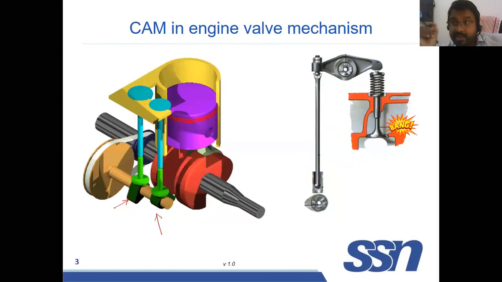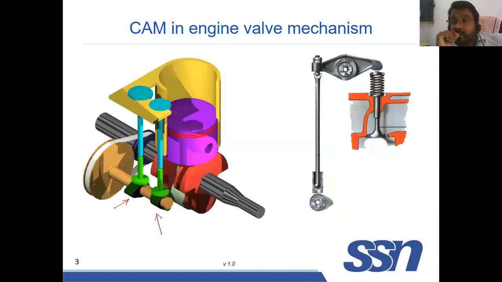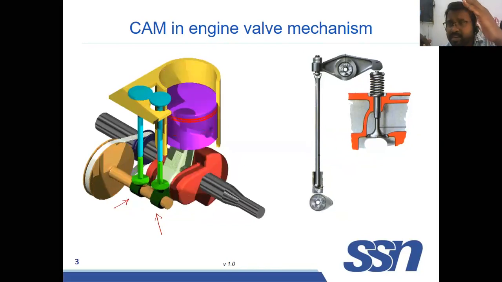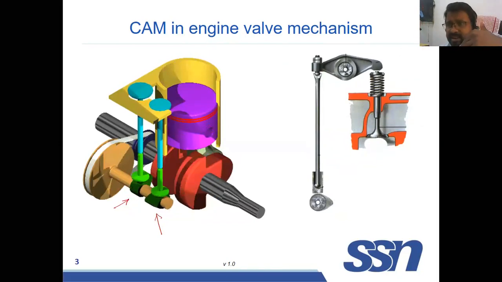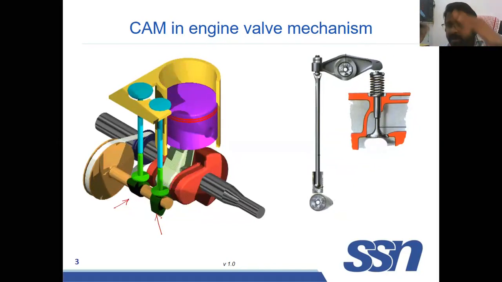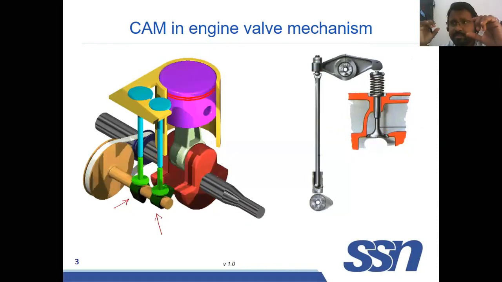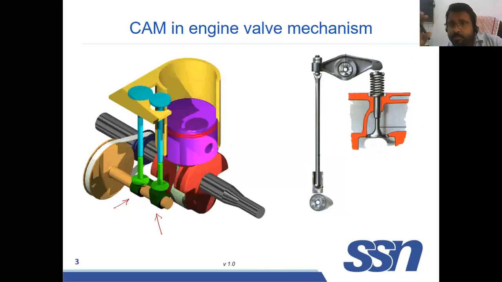We have to analyze the displacement pattern very carefully because we have to give a smooth operation. It should not give a sudden acceleration or sudden deceleration, and there should be a proper constrained closing mechanism. So we have to design properly.